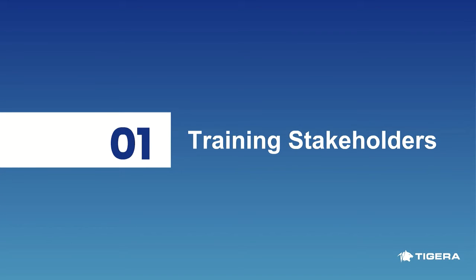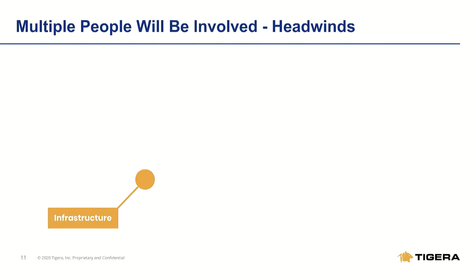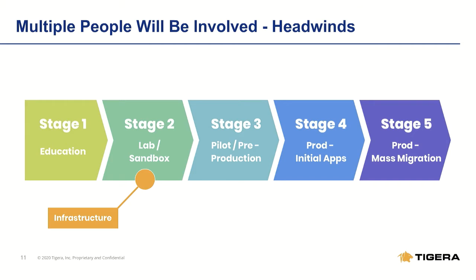So the first is training the stakeholders. So there will be multiple people who are involved in the project. So generally when you start at stage 2 and you're setting up a lab and a sandbox, oftentimes this is an infrastructure team who's really focused on this.